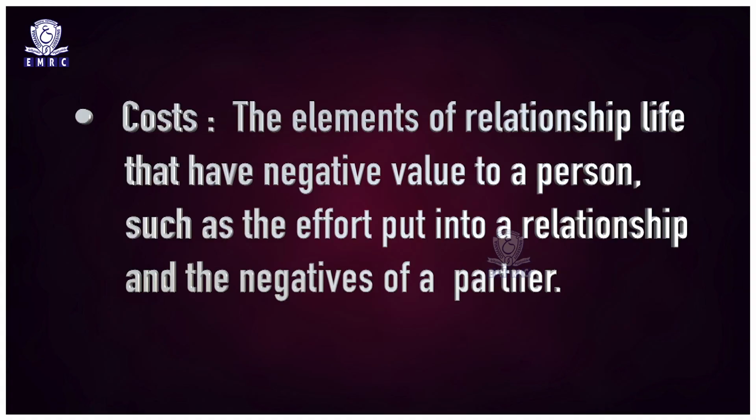The elements of relationship include costs, which are the elements of relationship life that have negative value to a person, such as the effort put into a relationship and the negatives of a partner.